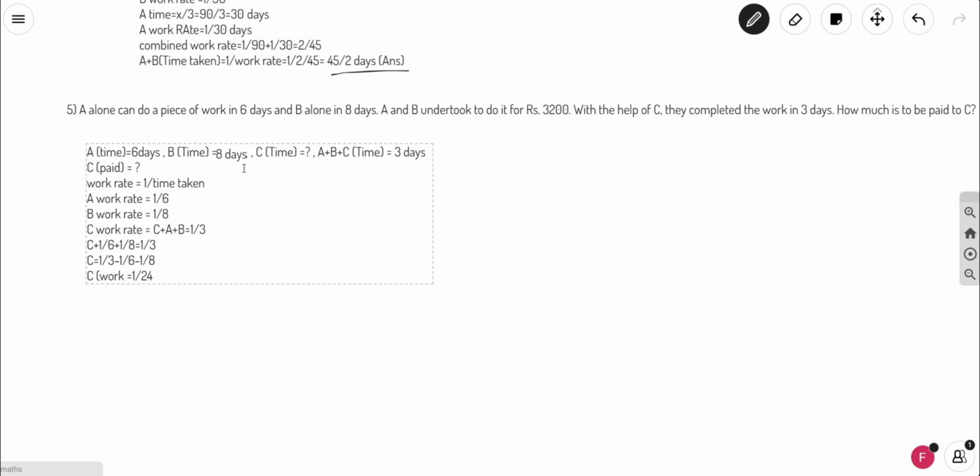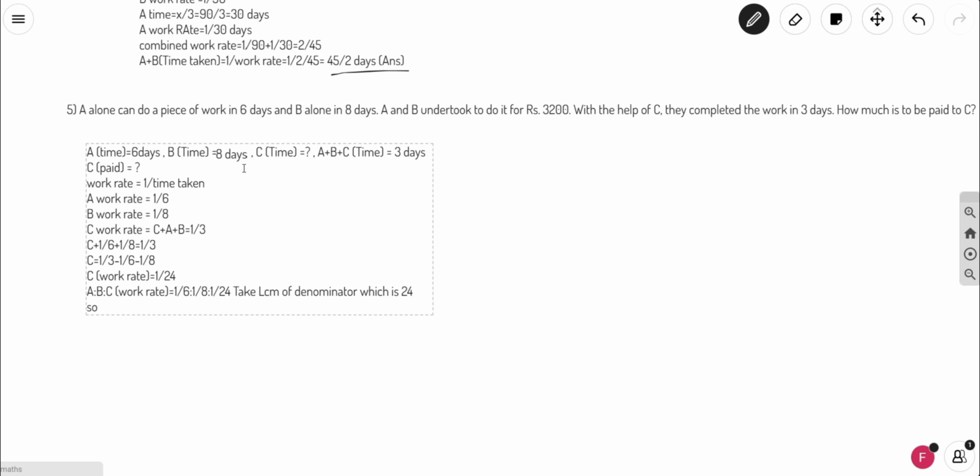So C is 1 upon 3 minus 1 upon 6 minus 1 upon 8. C's work rate is equal to 1 upon 24. So the work rates of A to B to C are 1 upon 6 to 1 upon 8 to 1 upon 24.